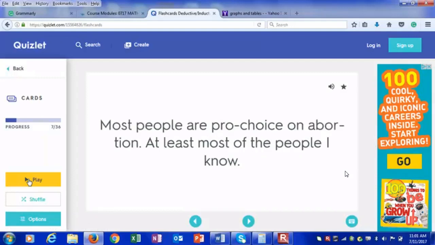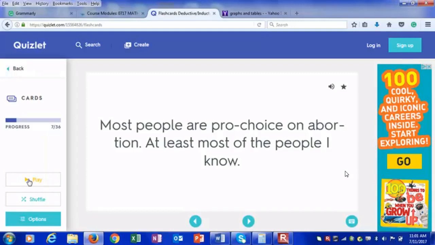Let's keep going. Most people are pro-choice on abortion, at least most of the people I know. Are we talking about inductive, based on pattern, or deductive, based on logic? Inductive, based on pattern. Because remember, this person is saying at least most of the people I know.